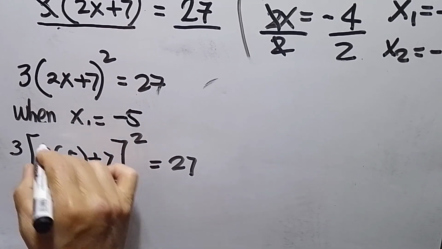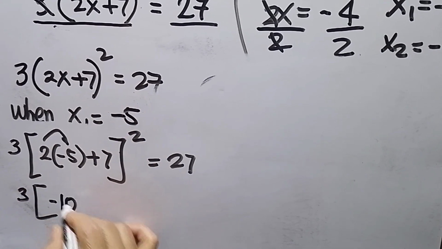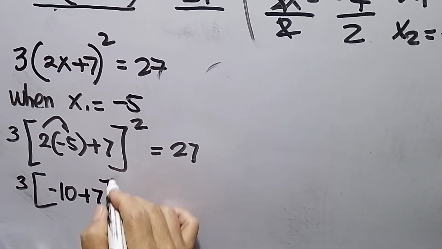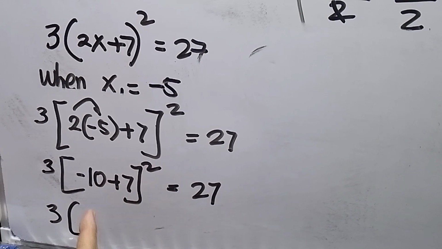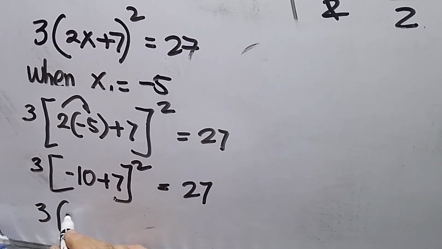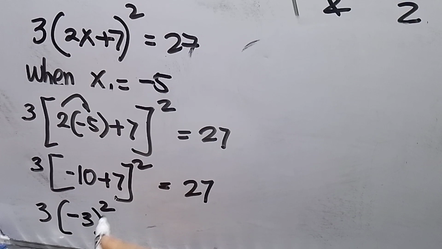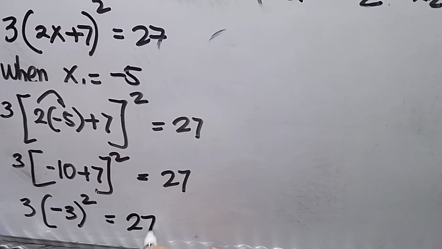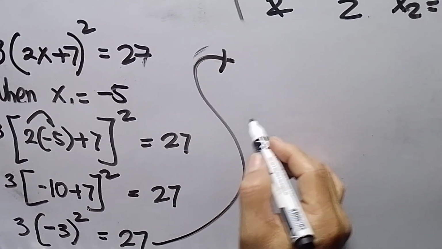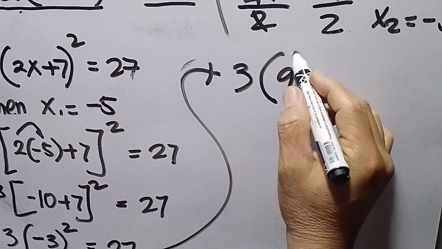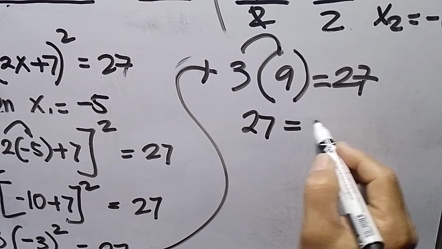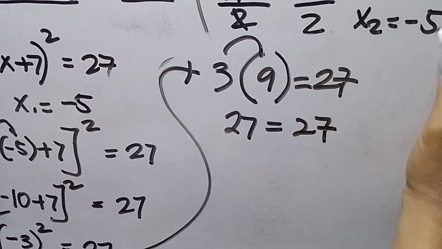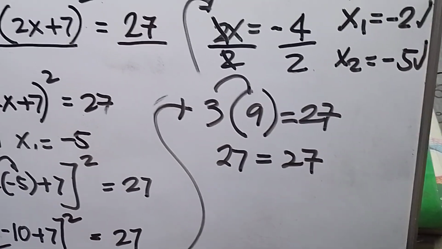So this will be negative 10 plus 7 squared is equals to 27. So this will be 3. Negative 10 plus 7, this will be negative 3. Then squared is equal to 27. So 3, this will be 9 is equals to 27. Then multiply, this will be 27 is equals to 27. So therefore, my x2 or the second root is correct. That's all.